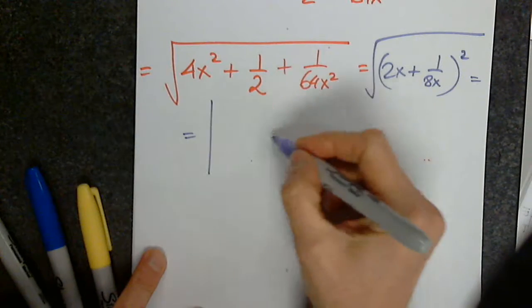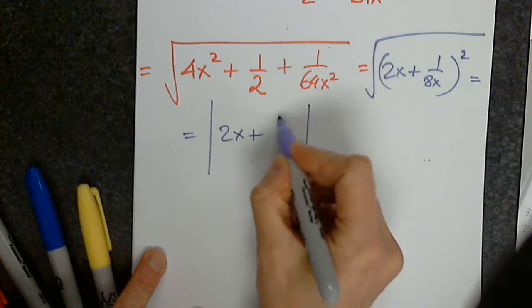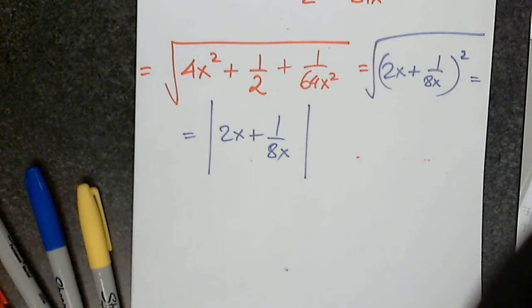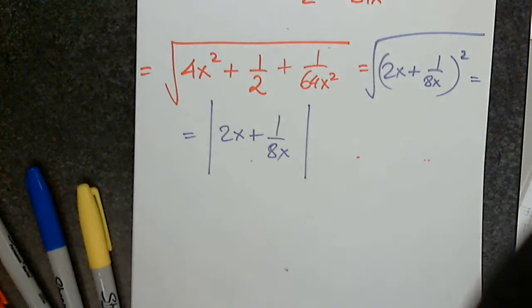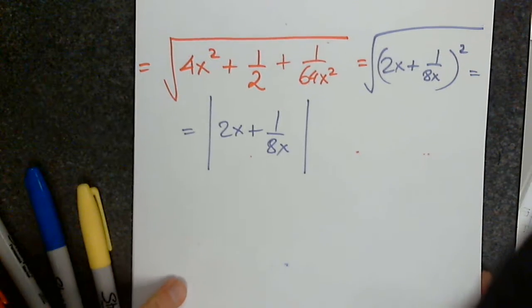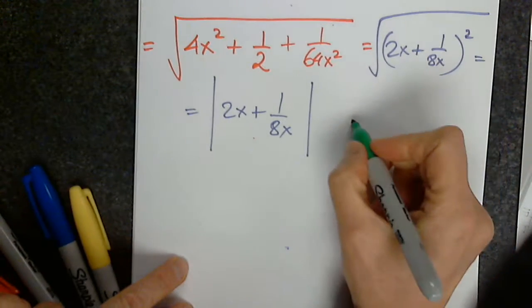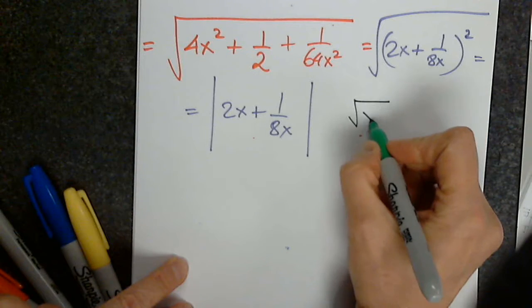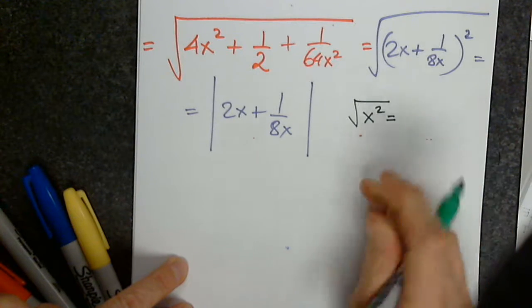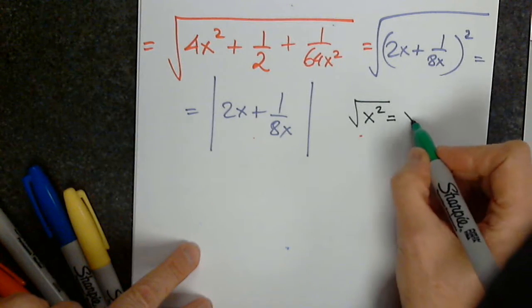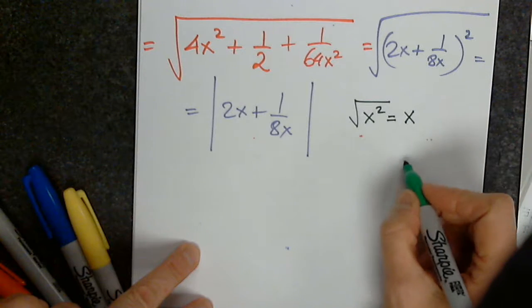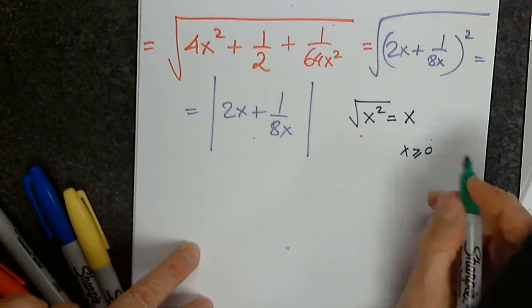However, it has to be an absolute value. Let me explain the absolute value, and then we go back to equations. So the square root of x squared is x, but only if x is greater than or equal to 0.